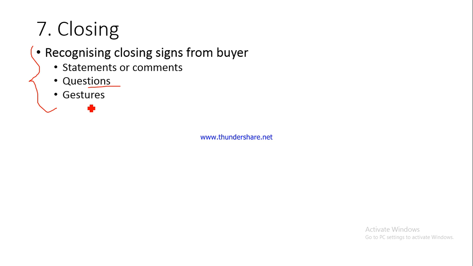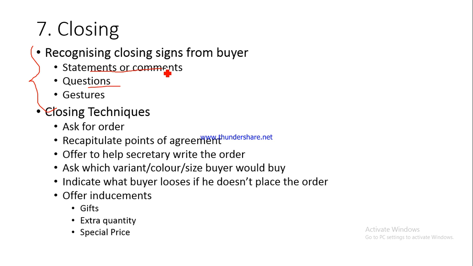This is what you understand from the gestures being used by him, or maybe the statements or comments being made by him. For example, if the buyer says, okay, okay, now you understand that he wants the sales meeting to come to an end, and before that you will have to make the buyer place an order, right?